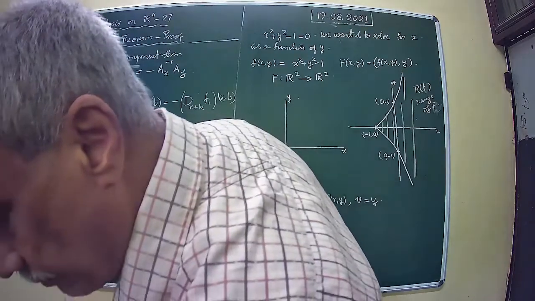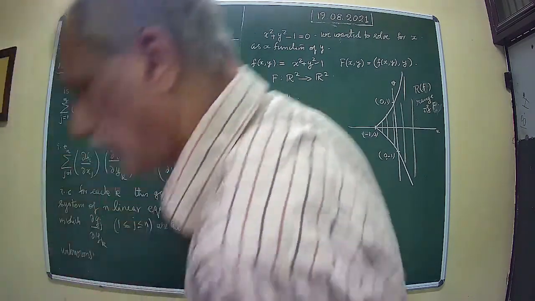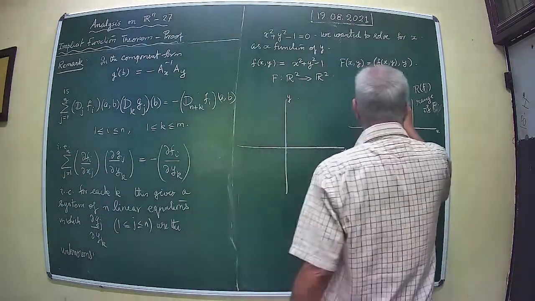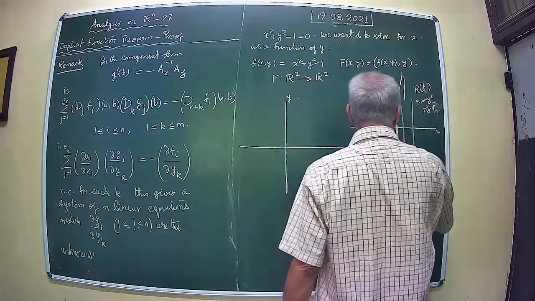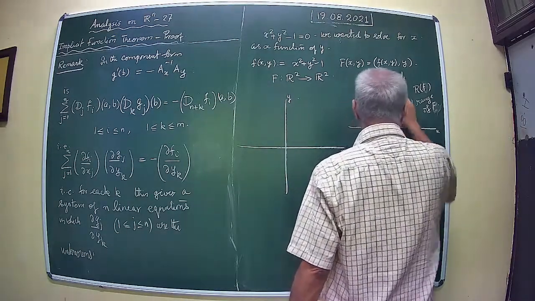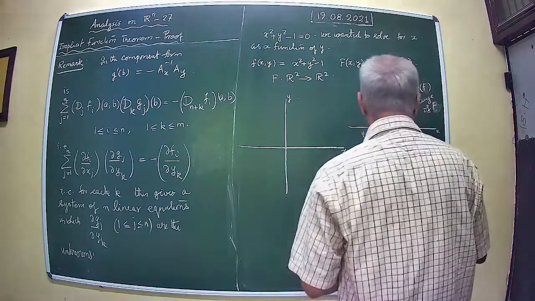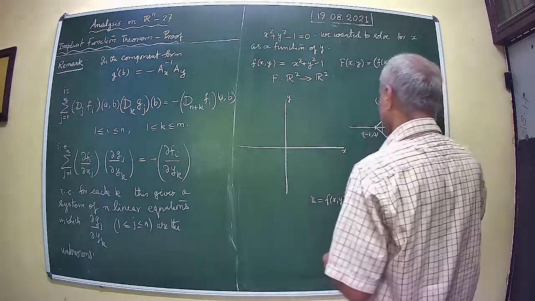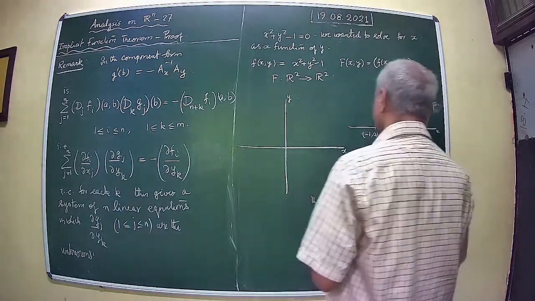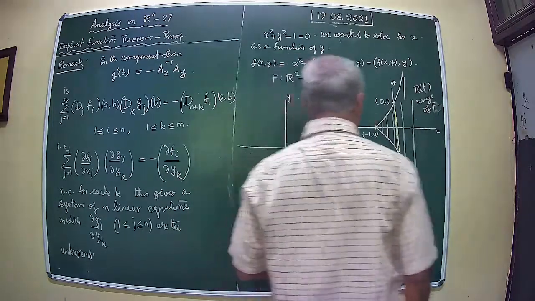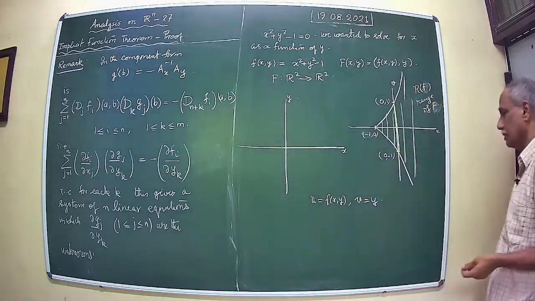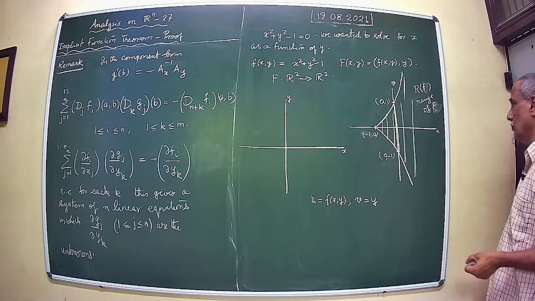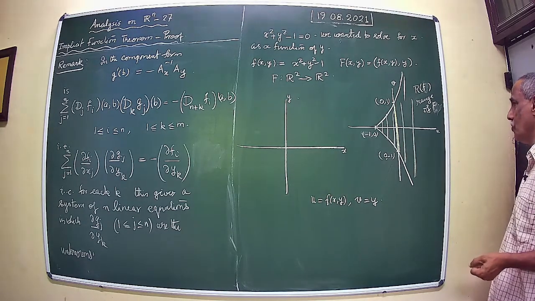Now what we have is this part. Now this is our W. Okay, W is not this. Now this is the line, the vertical line, which is the image of, you see, yeah.